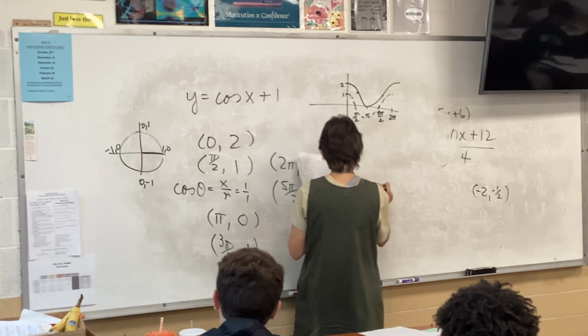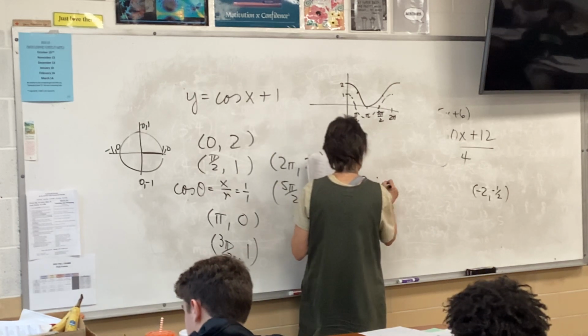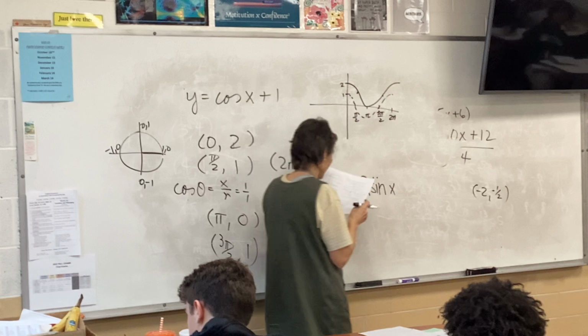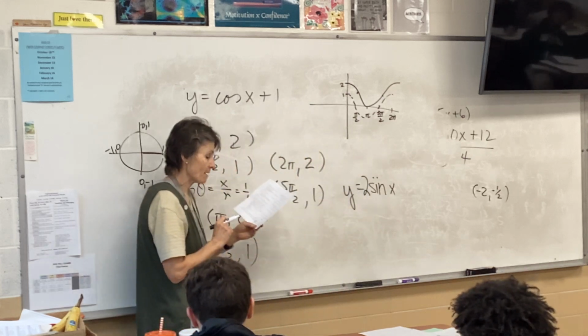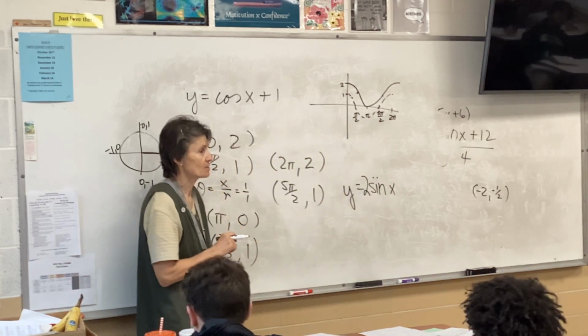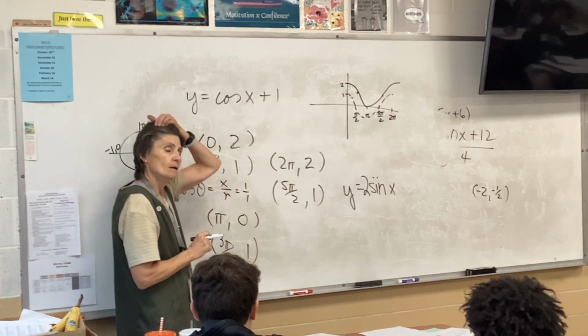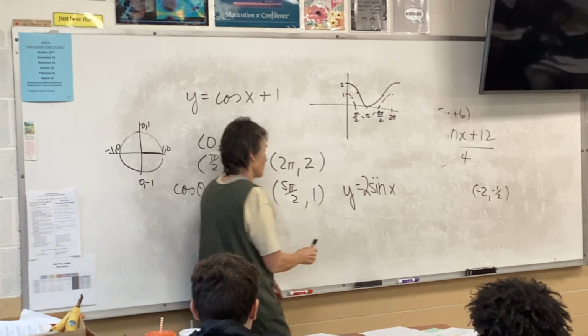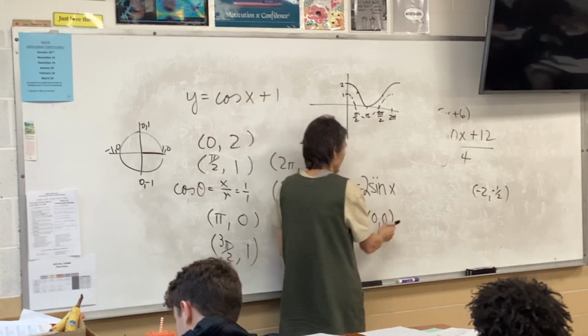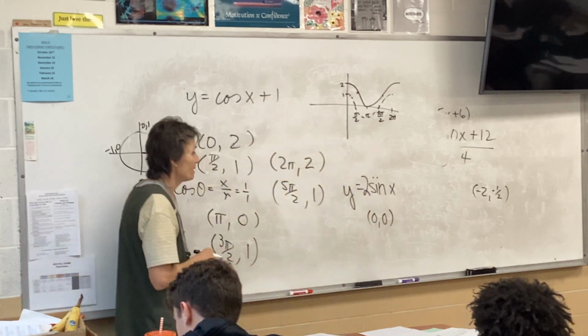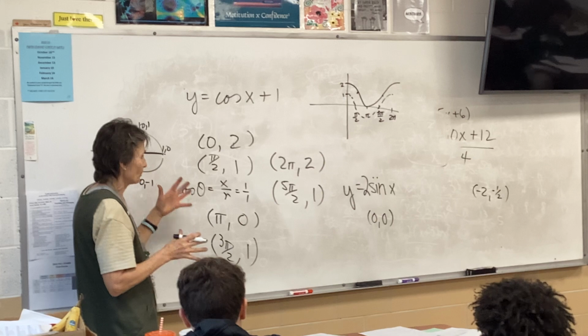Here's a question that's very similar to the one we just did. It says just name one point that lies on this curve. Name one point that lies on that curve. 0, 0. Yeah, 0, 0 is the most obvious. There are lots of points you could come up with, but 0, 0. Couple of reasons.